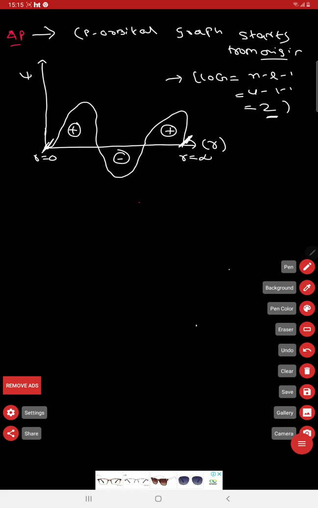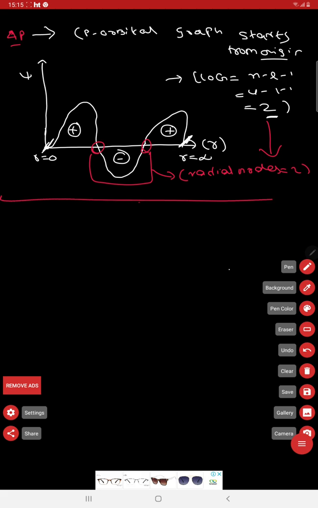So here you can see this is 1, and these two radial nodes, that is 2, hence the graph is satisfied. So in this manner we need to draw psi versus r, where the negative part of the graph is involved, and first you need to find the length of the graph, that is the number of radial nodes, and for s orbital you need to start from the maximum. So those are the major points.